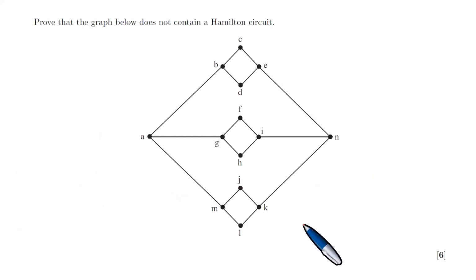Okay, I made space available there. Prove that the graph below does not contain a Hamilton circuit. Right, so we're gonna prove this one. Let's look at it together. How do we even look at this graph here, and how do we prove this?